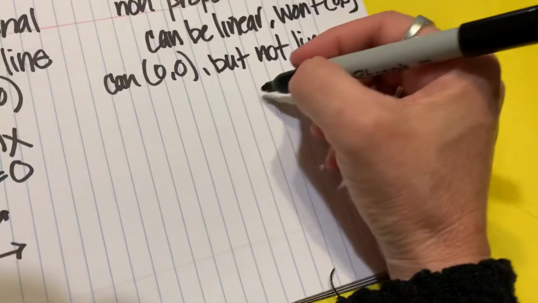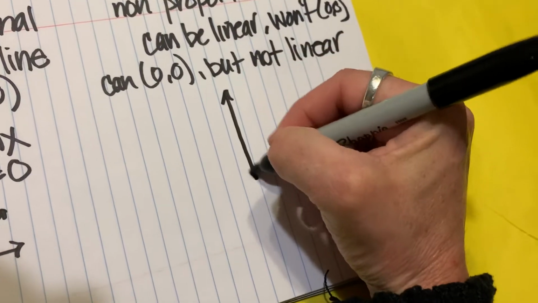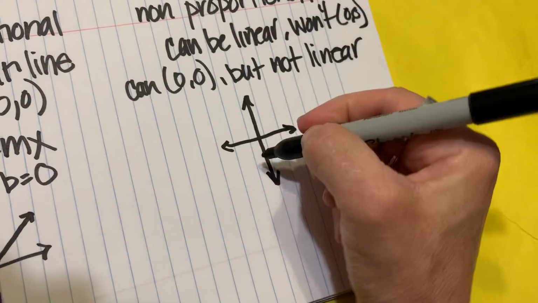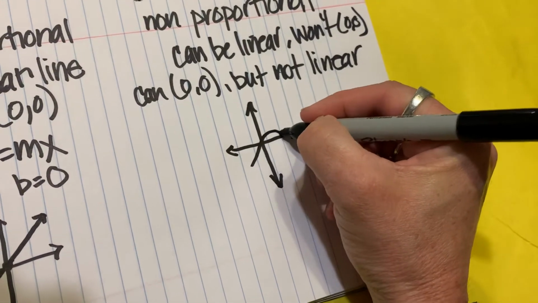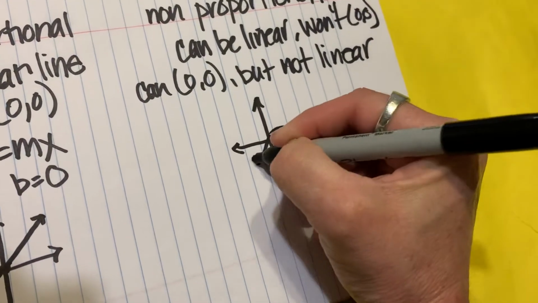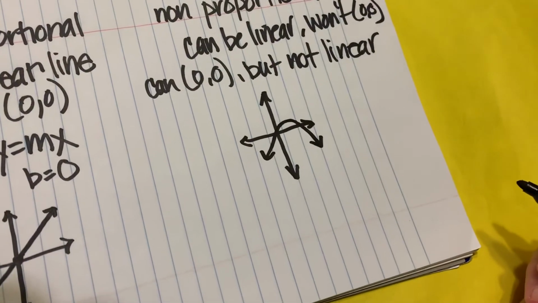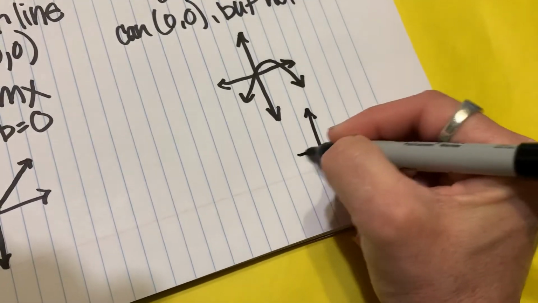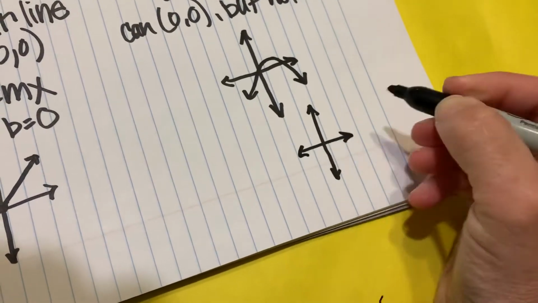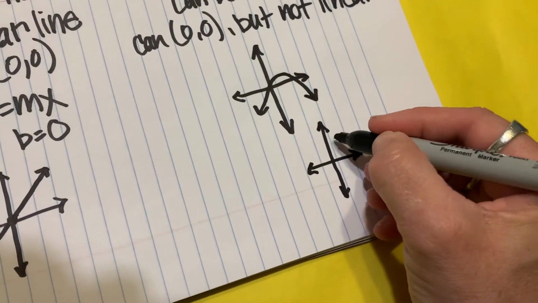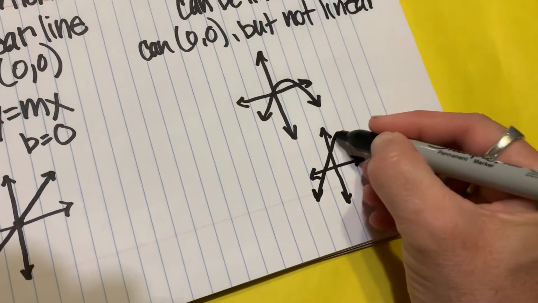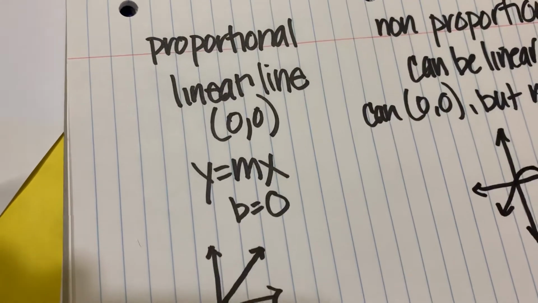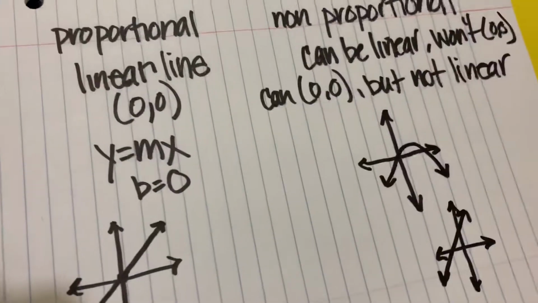A non-proportional line can go through the origin, but cannot be a straight line, or excuse me, it can be a straight line, but not go through the origin, okay? So, two things, proportional has to be a linear line, a straight line, and go through the origin.